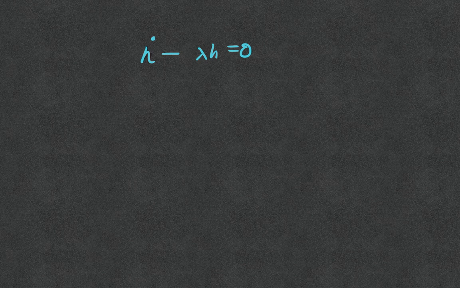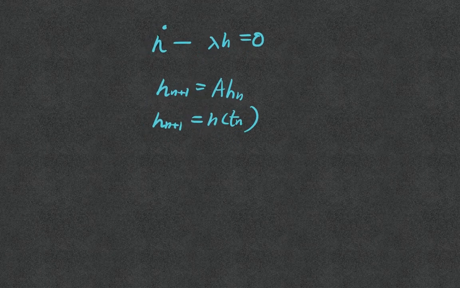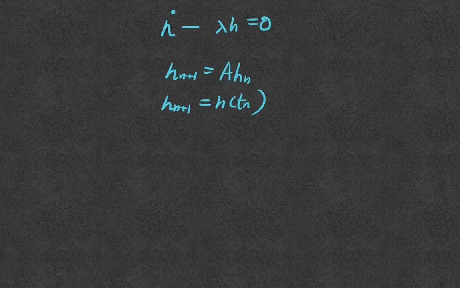We estimate the difference between h_{n+1}, if you recall, equals a h_n, versus h_{n+1} as a function of h_n. The amplification factor is a linear factor that allows us to map from time step n to time step n plus 1. And this takes a particular form.